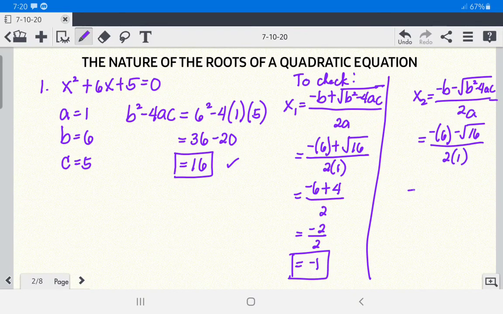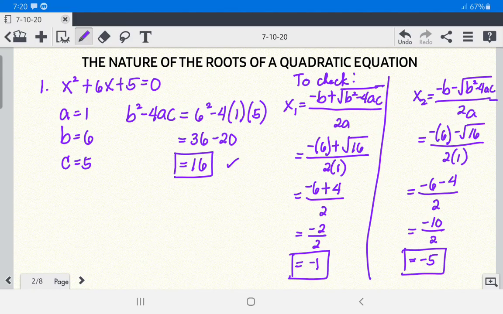Then negative 6 minus square root of 16, which is 4, over 2. So negative 6 minus 4 is negative 10, over 2, so we have negative 5. As you can see, they are rational numbers and not equal.